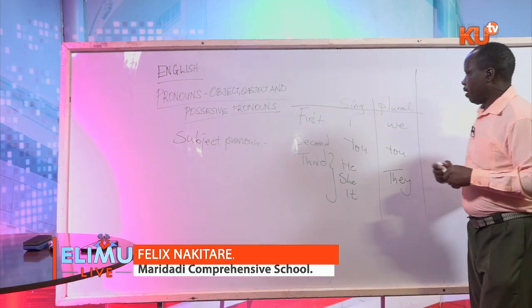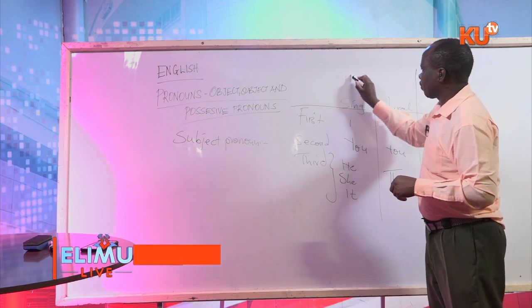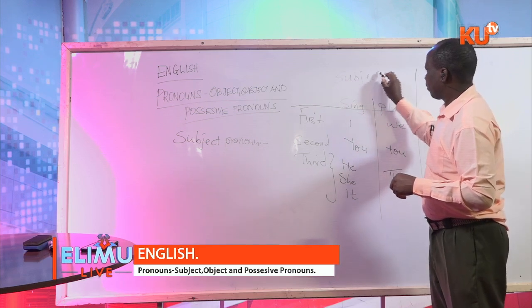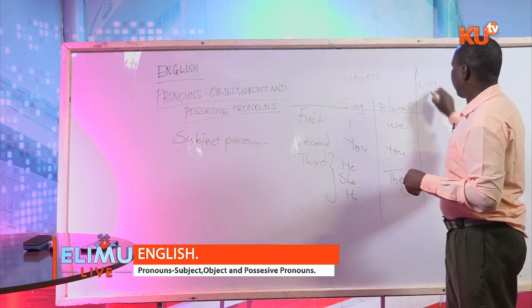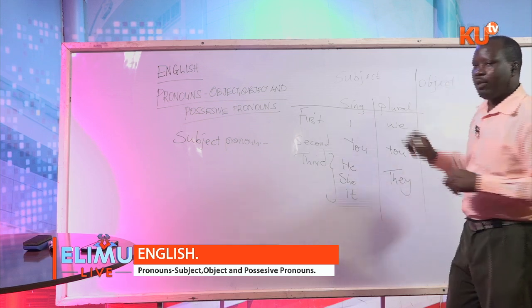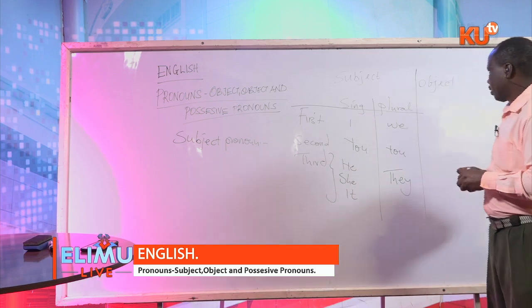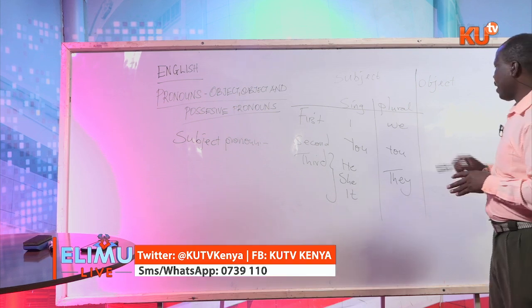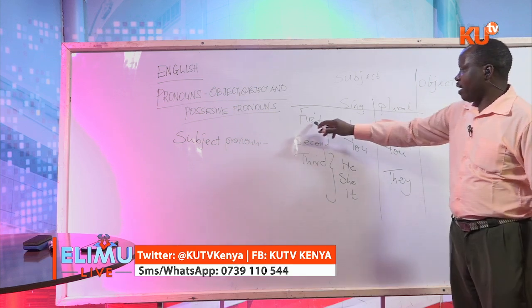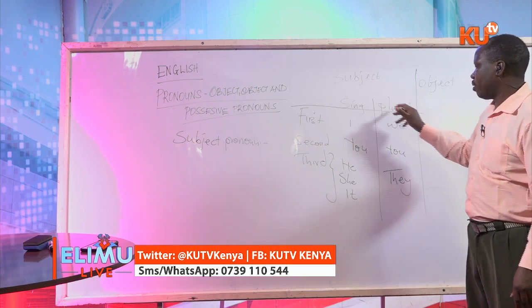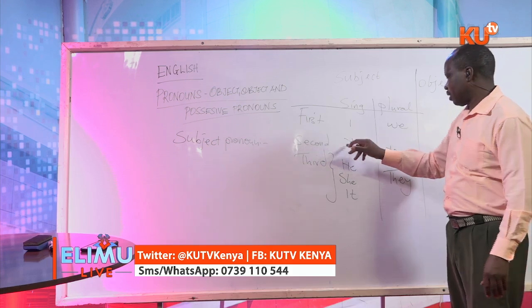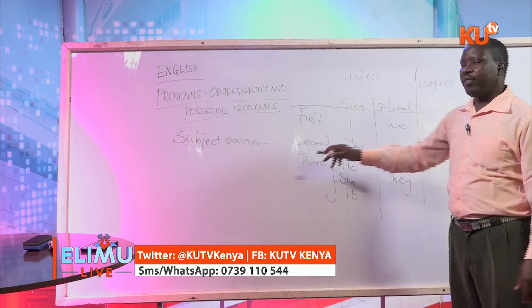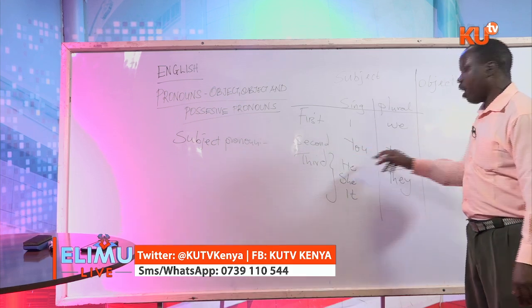Now, this one was subject pronoun. Then we come to object pronouns. And under object pronouns, I would like us to look at them again under first person singular plural, second person singular plural, and third person singular plural.